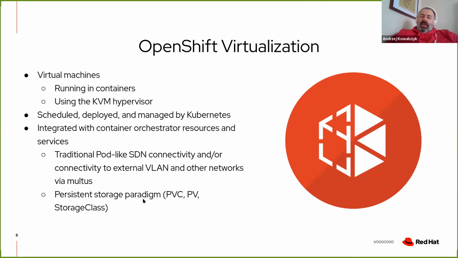Also, it is using the concept of PVs, persistent volumes, like you have in Kubernetes. So you can treat a VM as a hybrid solution, because it is stateful and contains the whole operating system. You can deploy a legacy application, but you can connect network and storage in the same way as for any containerized application.